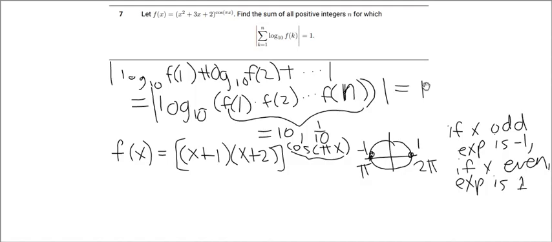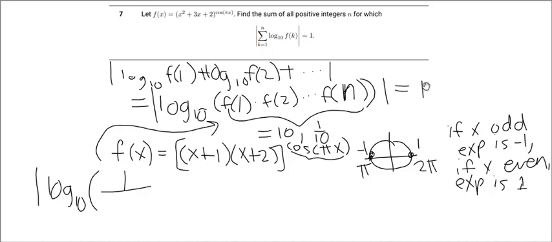So if we expand this out and put it into our summation up here, this will give us log 10 of, starting with x equals 1, the exponent of negative 1, which means we would have the reciprocal of it. So that would be 2 times 3 at the bottom.